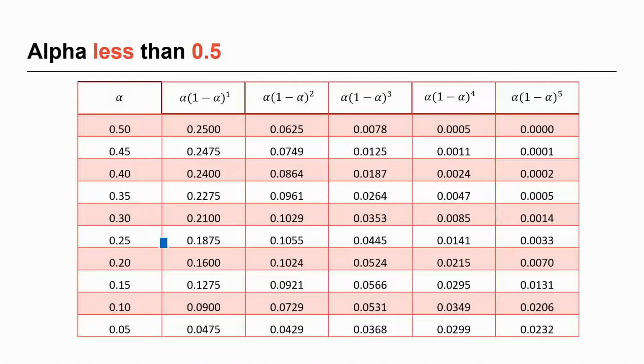However, if you keep decreasing the value of alpha below 0.5, as you can see from this table, then you start to give some importance to the observations which are farther in the past, although you end up giving little importance to the observations which are nearer in the past.